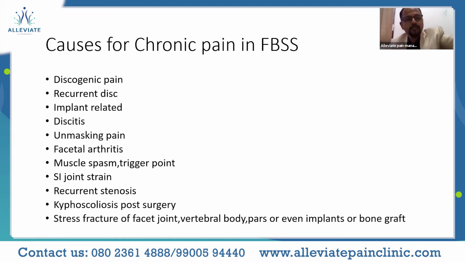So the pain originating from the discs is nothing but the discogenic pain, or it could be because of recurrent disc pathology, implant related, or an infection of the disc, which is termed discitis. Something called unmasking pain, wherein there will be a dominating pain generator in the primary setting, and once the primary pathology has been taken care of, certain secondary pain generators become dominant, and this is nothing but unmasking pain.